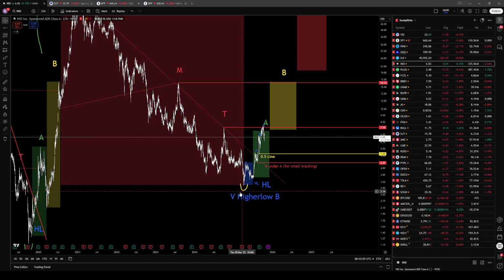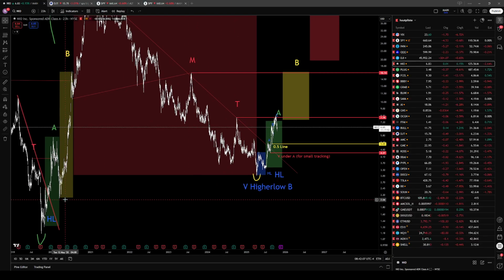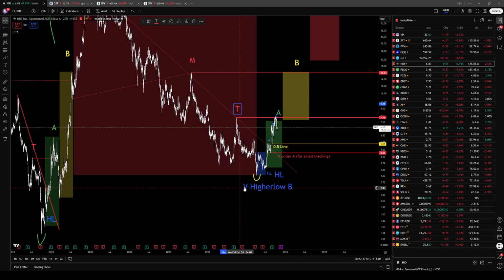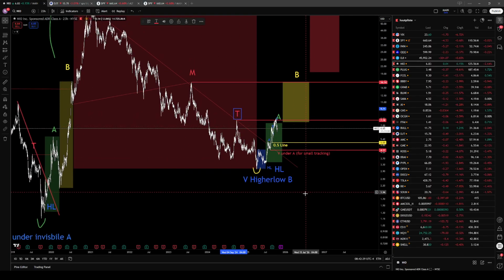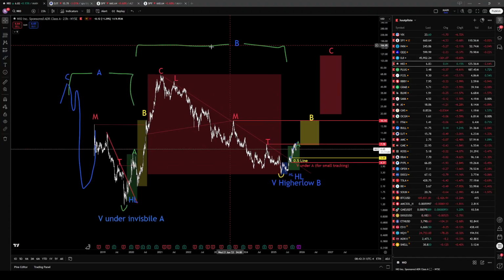So why isn't that a V under A? Because it should have come down to $2. And if so, because I showed that on Bull, for example, that would mean that this should be a T, because we didn't get our V under A. But here comes the big B. The big B doesn't have to fall under V under A. It can do a higher low.